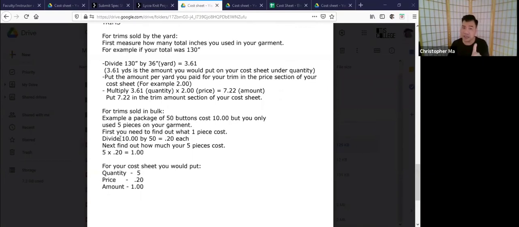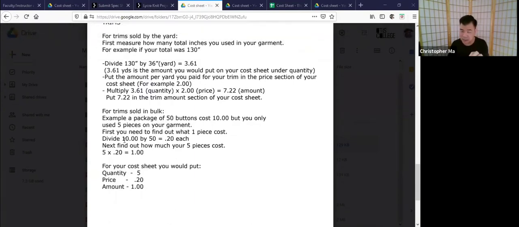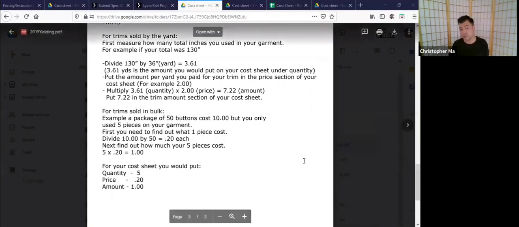So you divide the dollar amount you paid for 50 by the quantity. $10 divided by 50, you get 20 cents per button. If you need 5, 20 cents times 5, the cost of the buttons for this garment is $1.